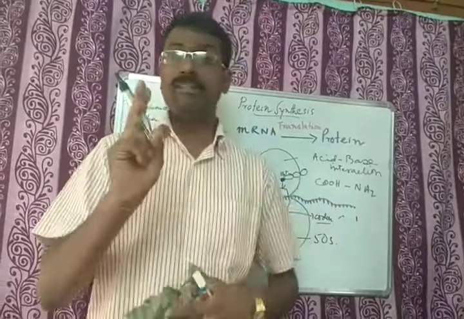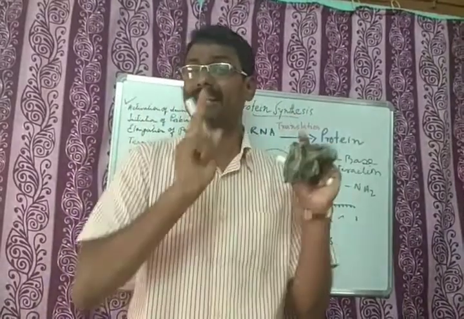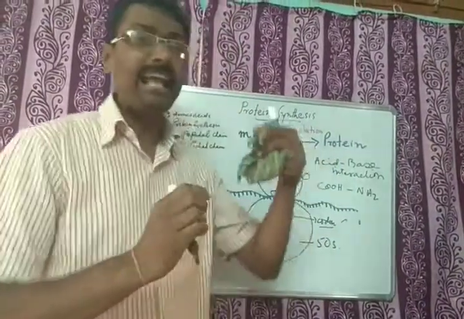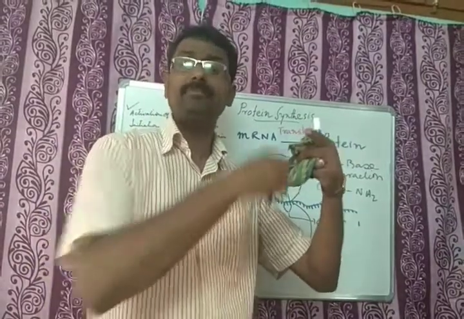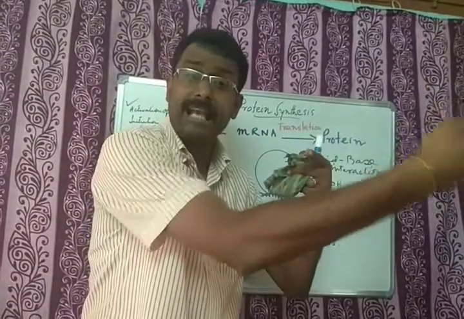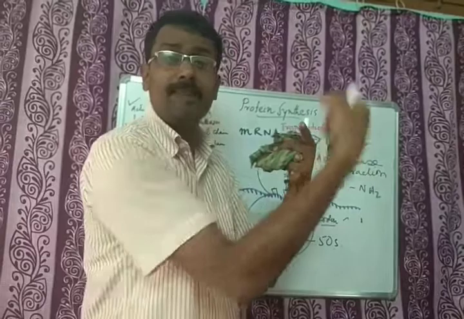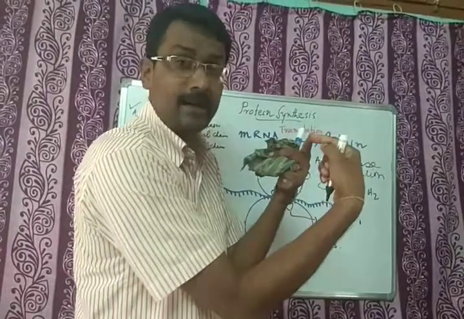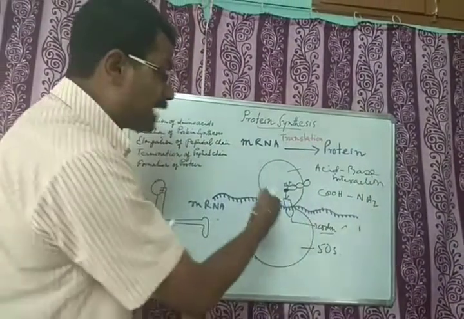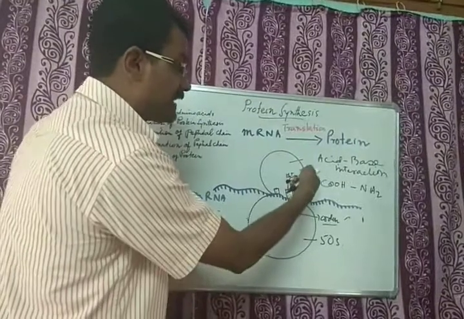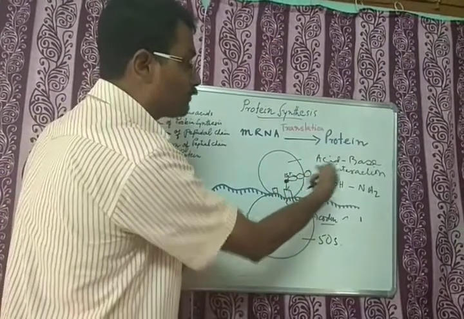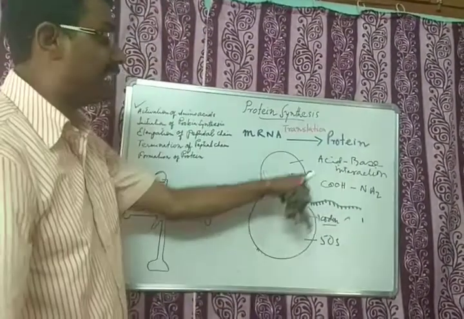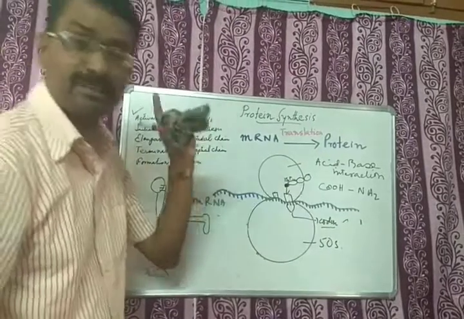That means amino acid has two parts. One is the base part, other is the acid part. So if the acid part of the amino acid is spotted outside, the incoming amino acid will have its base part undergoing reaction with that. So that way, first has come, second, third, fourth, fifth amino acid will be bonded and there will be a chain of amino acids.